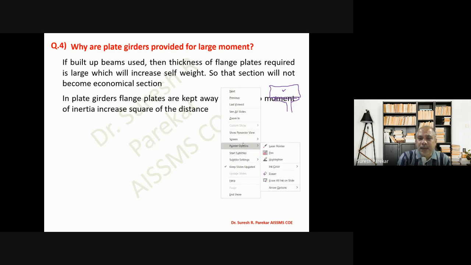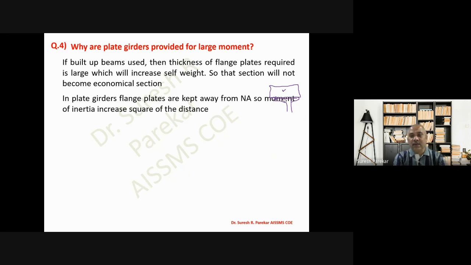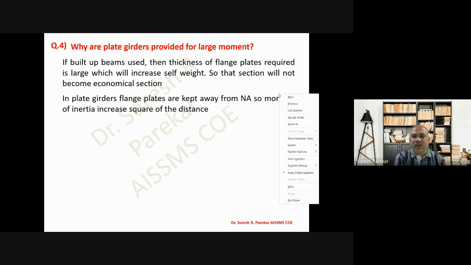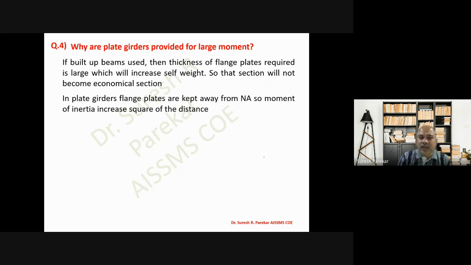Because in plate girders we provide the flanges away from the neutral axis, and as we provide them away from the neutral axis, we get an increase in the moment of inertia, because we have the formula I is equal to ICG plus A into H square.